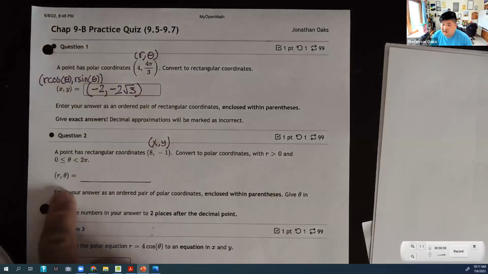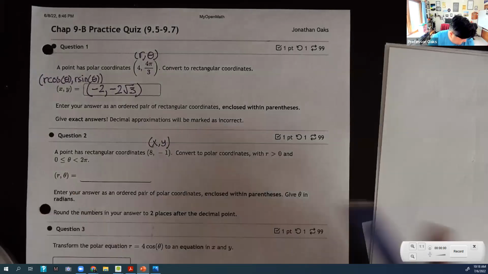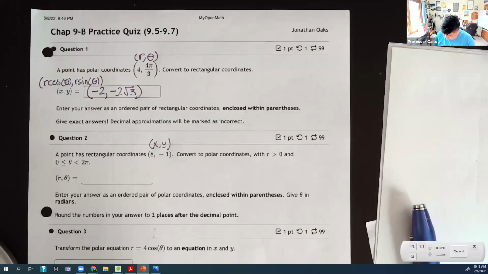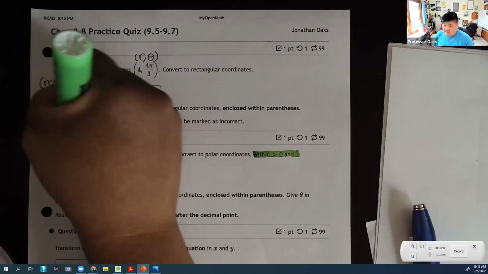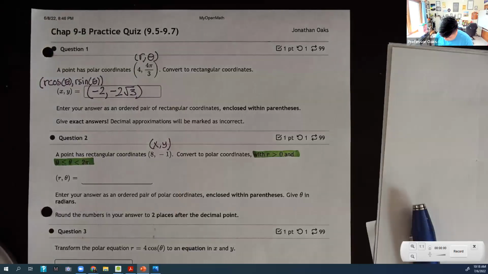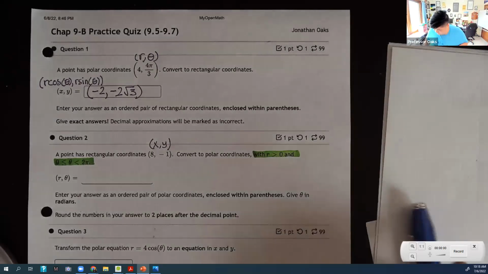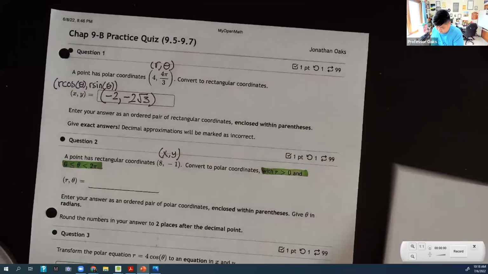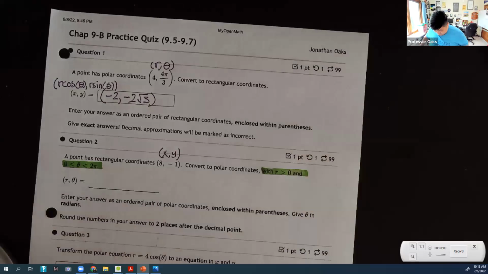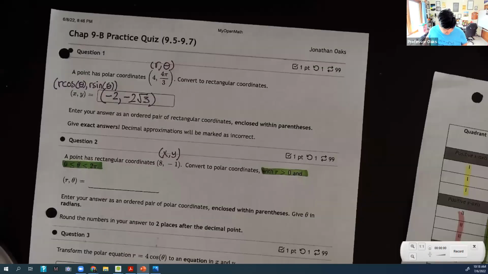This is where you have to pay attention that it says something like r is greater than 0 and theta is between 0 and 2 pi. So just be a little bit careful about that. So here is why, and it's because if you look at this one.